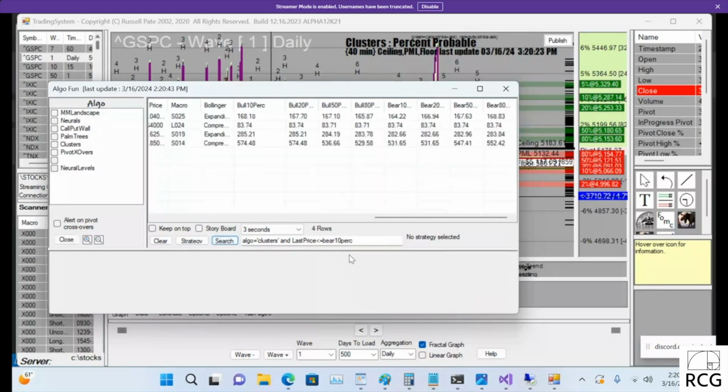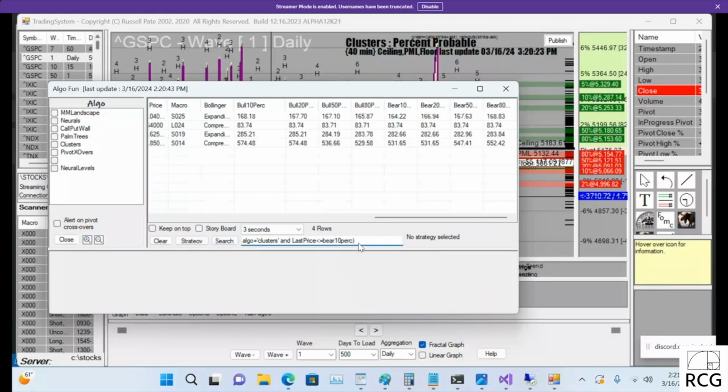And here's for the bear side. So it should be last price is greater than or equal to bull 10%. And then if you want to do the flip side, last price is less than or equal to bear 10%.